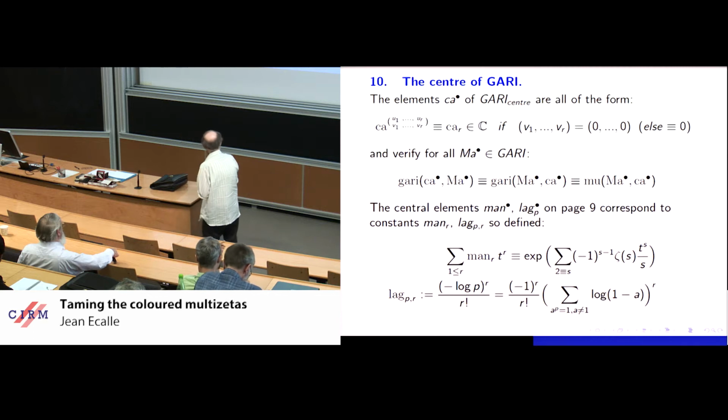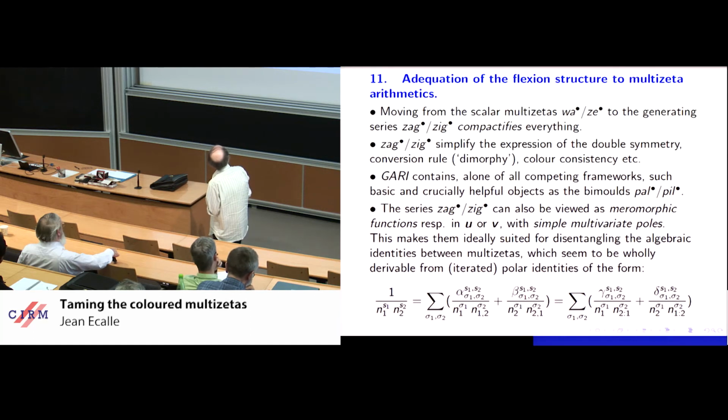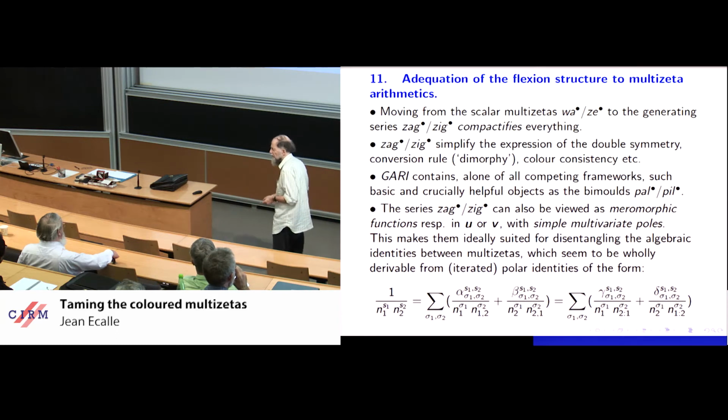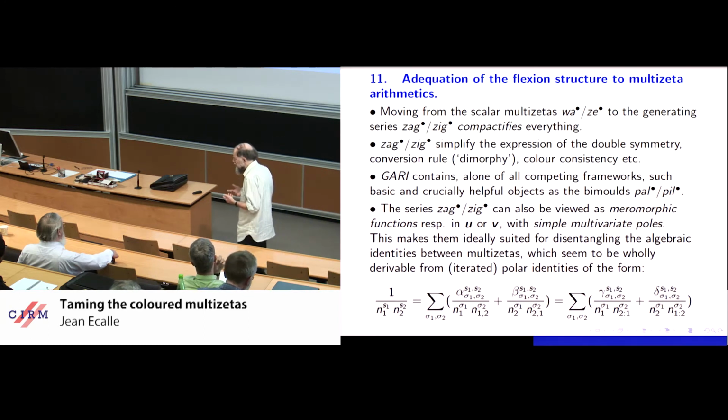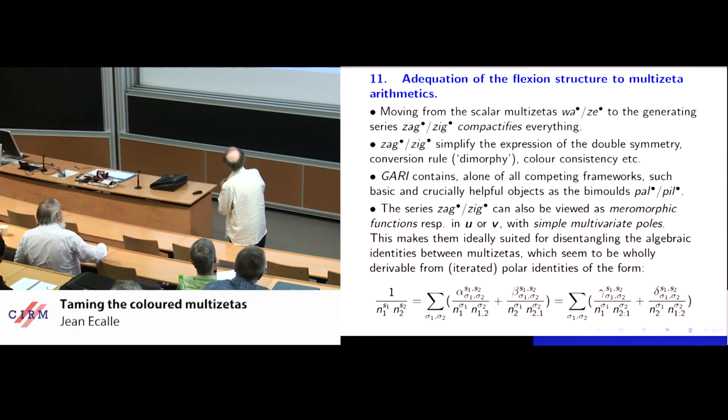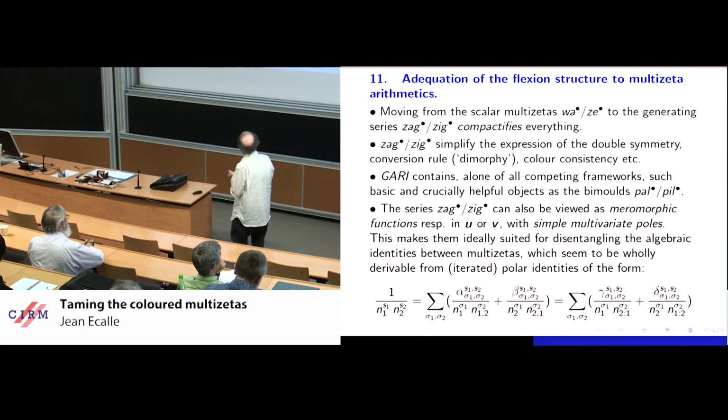But let us not fuss about this. So why is it so important and so useful to turn to this? It's not just a question of turning to generating functions, or of simplifying and compactifying everything. There is more than that.